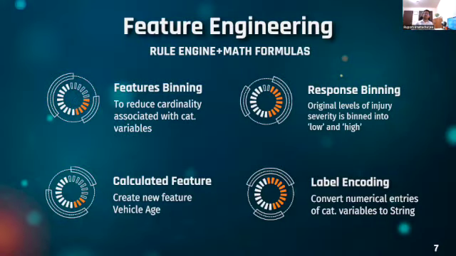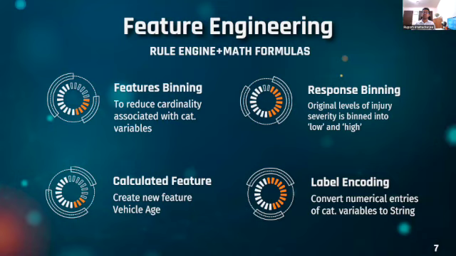Most of the categorical variables we had in our data had high cardinality, which, if not treated, may make the learning algorithms overfit the rare categories. Feature engineering was mainly done to reduce that cardinality and also to create some new features. In KNIME, these steps were completed utilizing the rule engine and the math formula nodes.